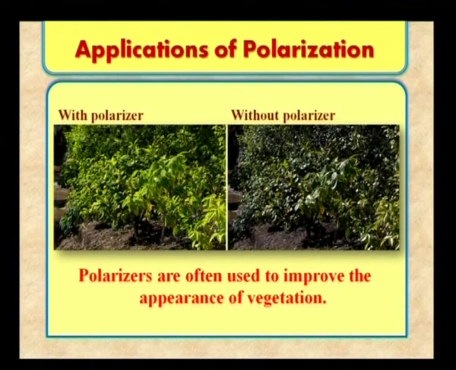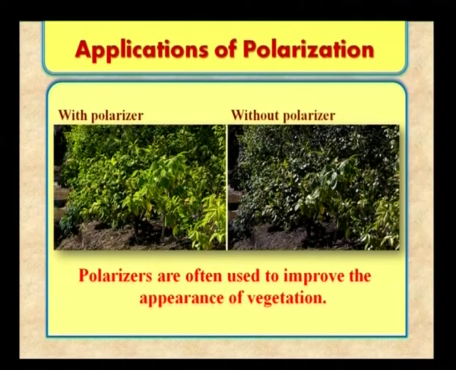What you observe now as an application is vegetation. You look at the plants, you look at the right side, in which picture is the clarity better? On the left hand side, the clarity is better. You see the leaves and all these things clearly with a polarizer, but without polarizer the clarity is much poorer.